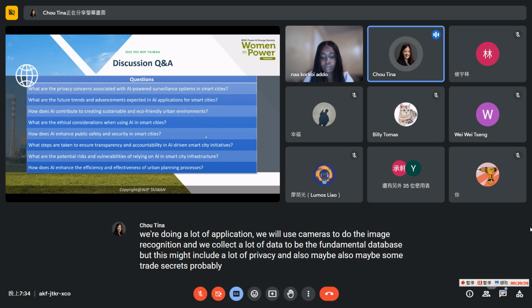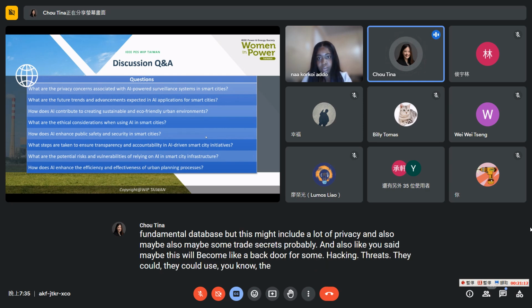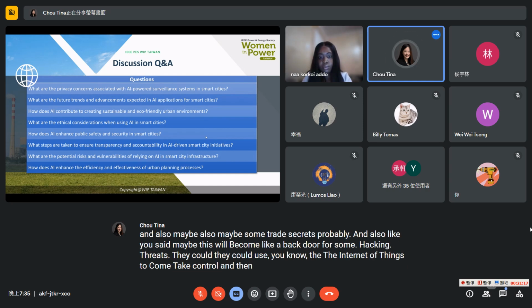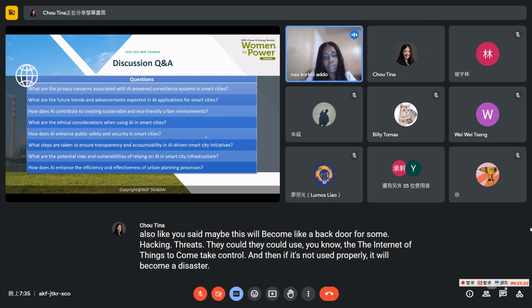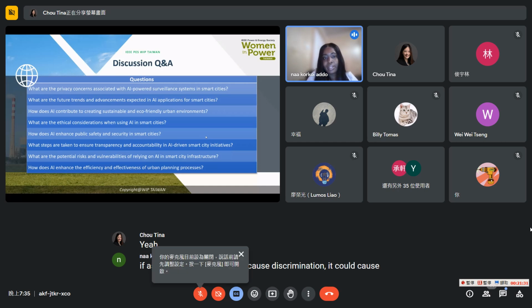And like you said, this could become a backdoor for hacking threats. They could use the Internet of Things to take control, and if it's not used properly, it will become a disaster. Exactly, if it's not used properly, it could cause discrimination. It could cause theft. So many things.